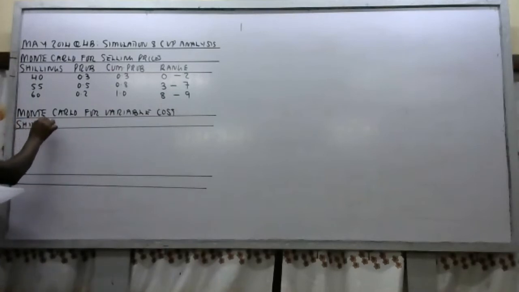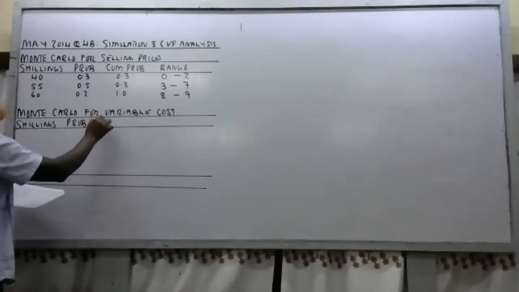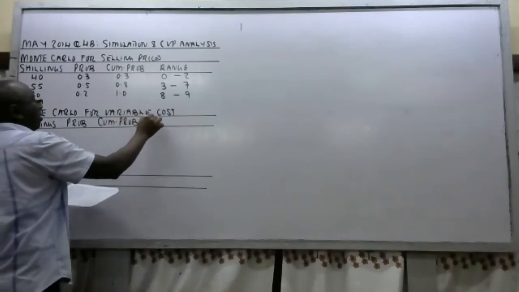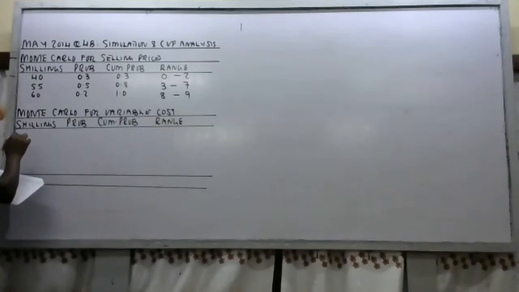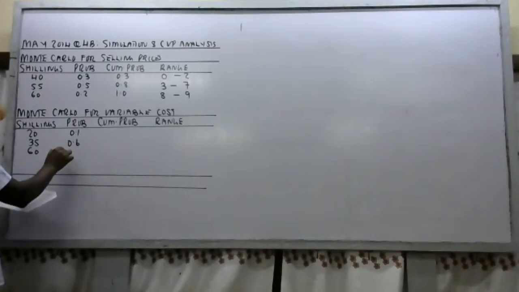So we have shillings here, we have the probability, we have the cumulative probability, and we have the range. So this one is 20, 35, and 60. Probabilities 0.1, 0.6, and 0.3.